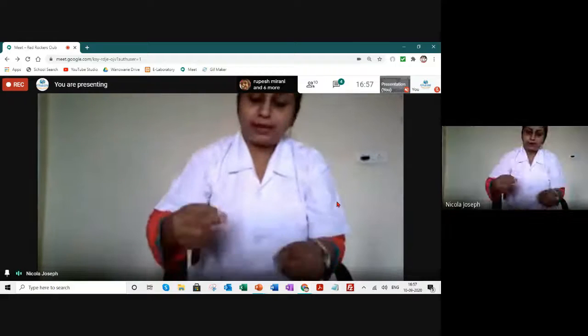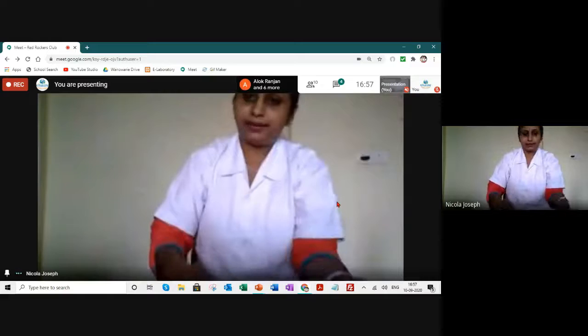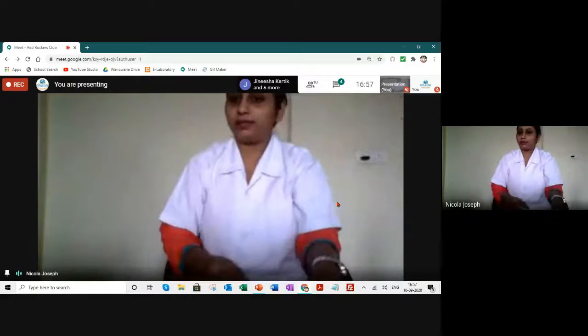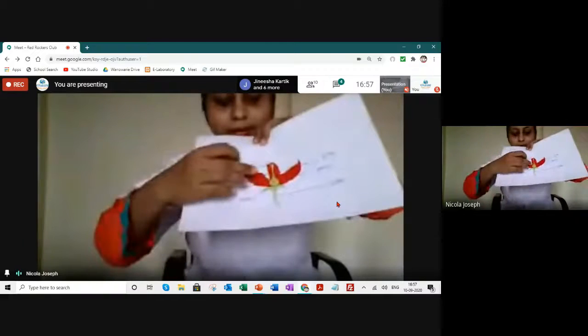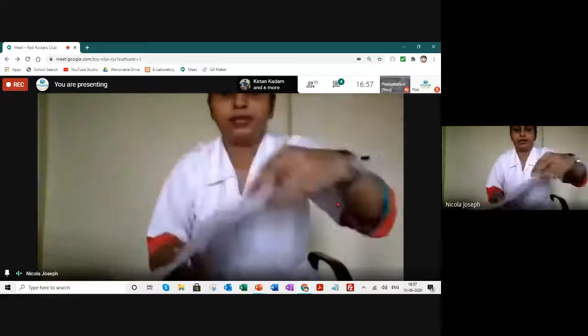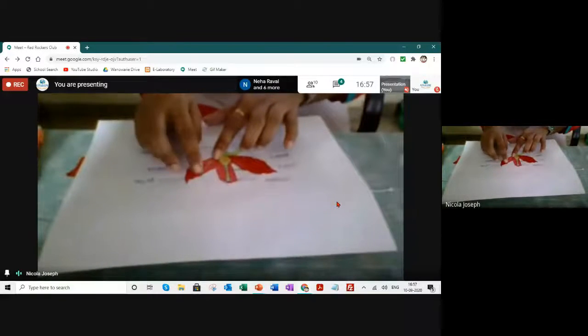Now we will stick three stamens on this side and the other 3 stamens on the other side. 3 stamens we will stick this side, 3 stamens this side. Okay. See how to do it. You'll have to stick like this.